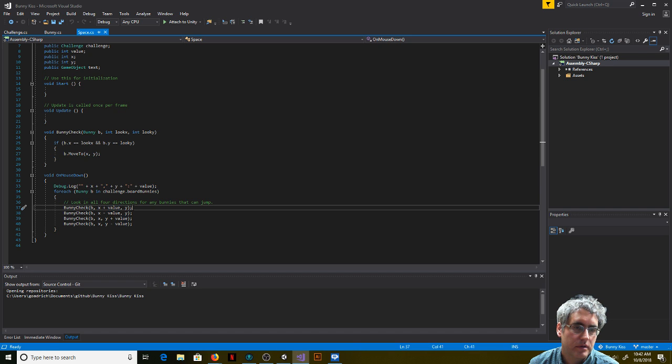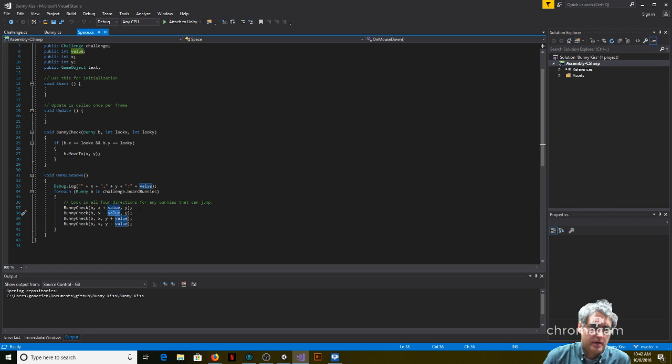How could we do it? We need to know that the other bunny, so what is my, I have an X value and a Y value. I have a place that I'm looking, but the place I'm looking depends on the value. If there is a bunny in the way, I need to up my value by 1.